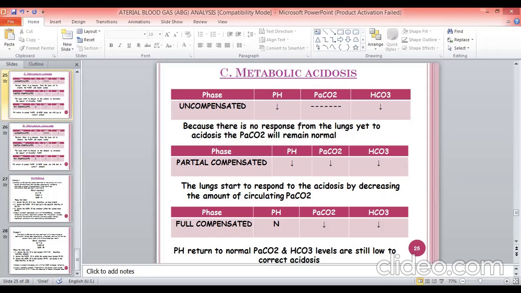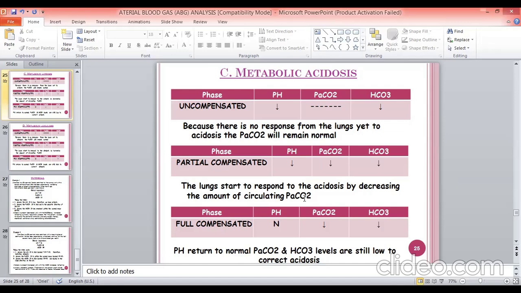The partial pressure of carbon dioxide also decreases, so the lungs start to respond to the acidosis by decreasing the circulating partial pressure of carbon dioxide. The lungs play an important role during alterations in metabolic acidosis.